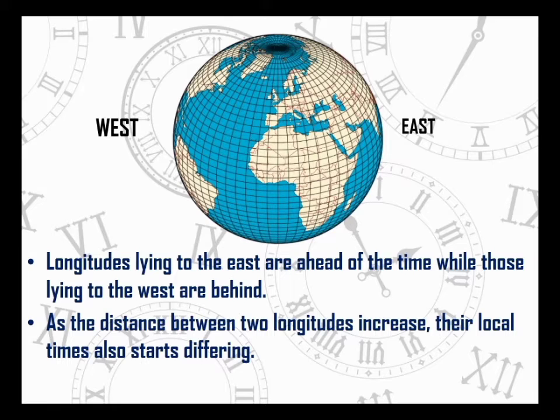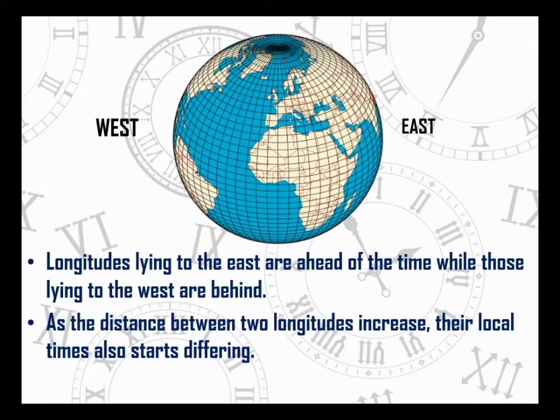It means it is increasing, whereas the western hemisphere faces the sun after the eastern hemisphere. That's why the time is minus GMT in western countries. The longitude lines lying in the west are behind. It means they are backward of eastern countries.